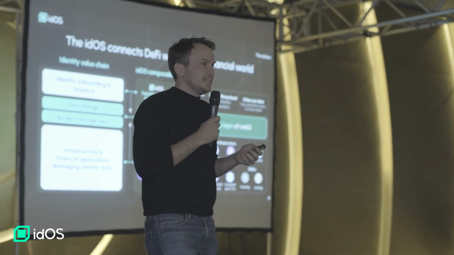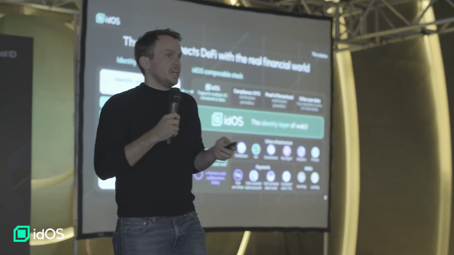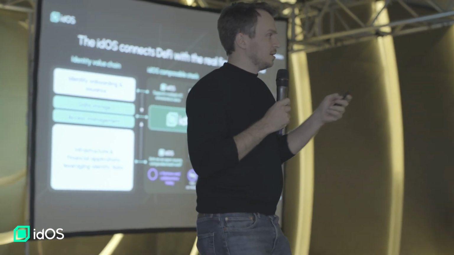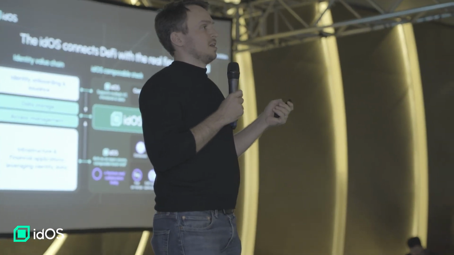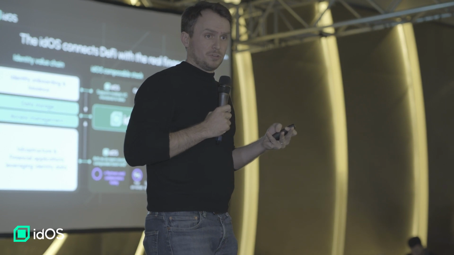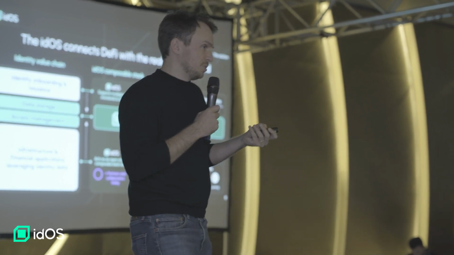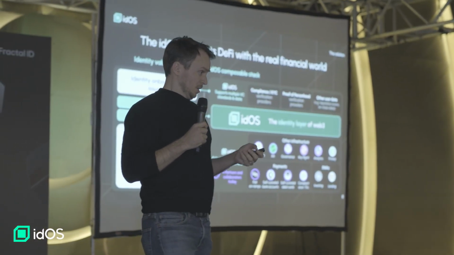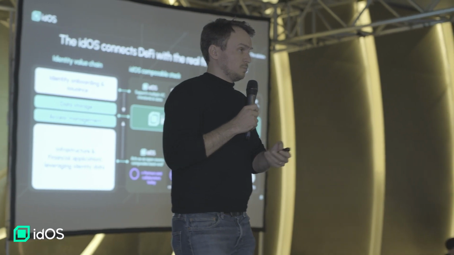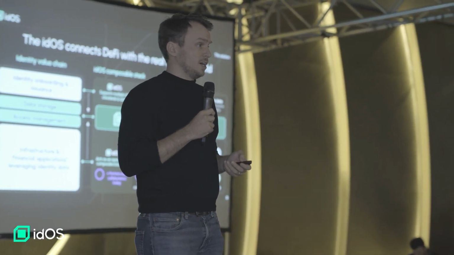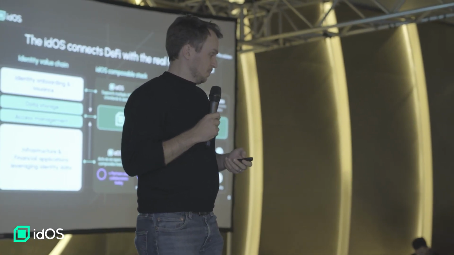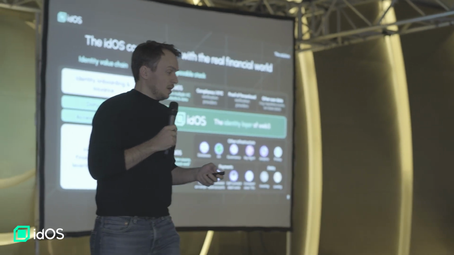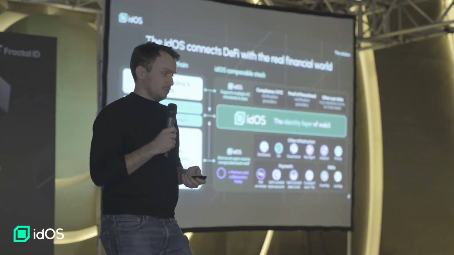But you can put any type of identity into the idOS, and we will hear a little bit later from our partners that there are already dApps that came up with new concepts of how to use the idOS that we were actually a bit surprised about, but that also makes sense. Like, for example, your browser preference if you want to have light or dark mode, right? But the best thing is that you can build on top of it.